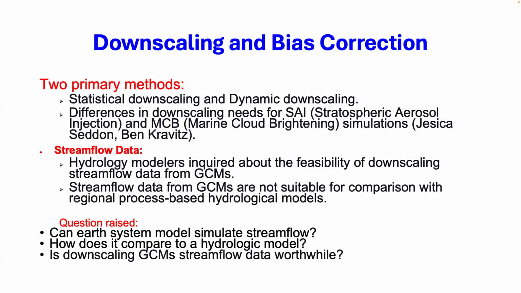Then we talked about downscaling and bias correction. The two primary methods are statistical and dynamical downscaling, and there was discussion yesterday about what we need in terms of downscaling. The major challenge is the data sets people need. Different regions have different challenges with the data sets. The hydrology group, people from Southeast Asia, have been able to work around it, but in Africa there's a paucity of data for statistical downscaling.